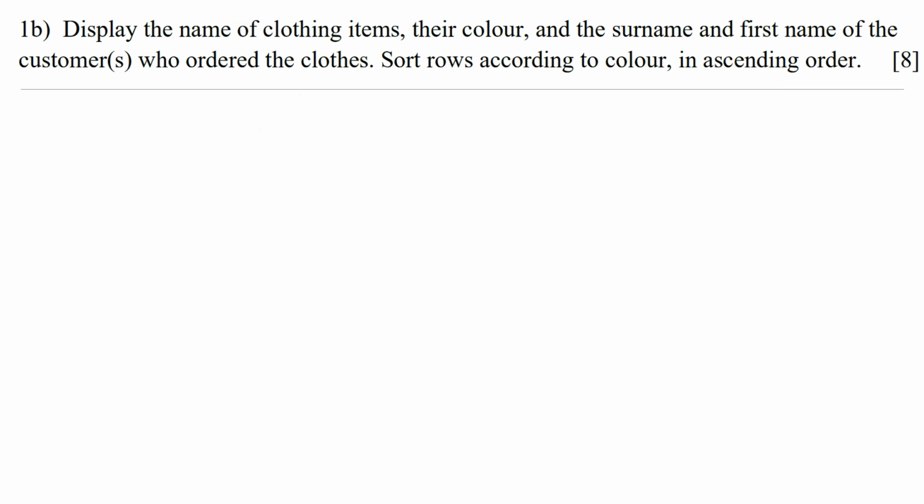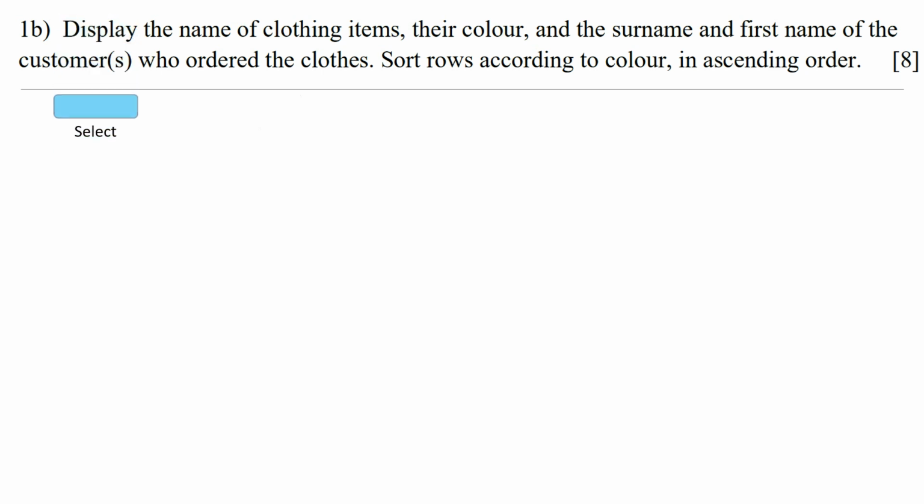So the moment you see questions like these, you have to read word for word, highlighting keywords. So for instance, I will highlight display. Whenever you see the word display, it means you are supposed to select. Some were saying, how do I know that I'm selecting? How do I know that I'm creating?